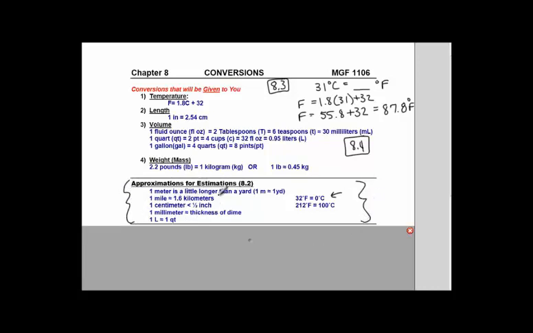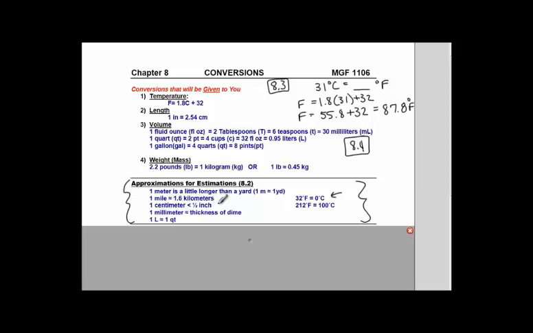A meter is a little bit longer than a yard. A mile is about 1.6 kilometers. And the way that you'll be tested on these will be similar to the homework, where maybe you're asked what is the better unit to use in measuring distance, or to measure an envelope, or to measure a coin. So you need just a general idea of measurement, good number sense.